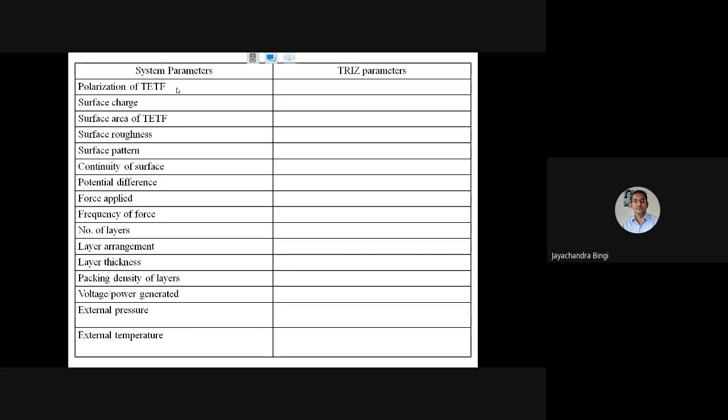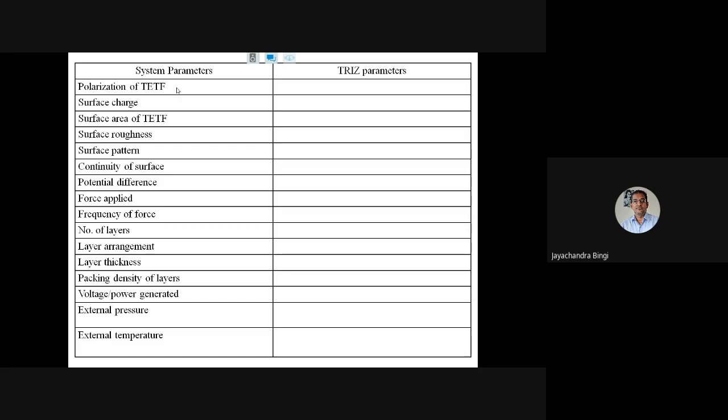So now polarization means some kind of material is getting separated, right? It is not lying stable. It is just getting separated. So which parameter can you assign to that in general among those 39 parameters? You may look at the 39 parameters.